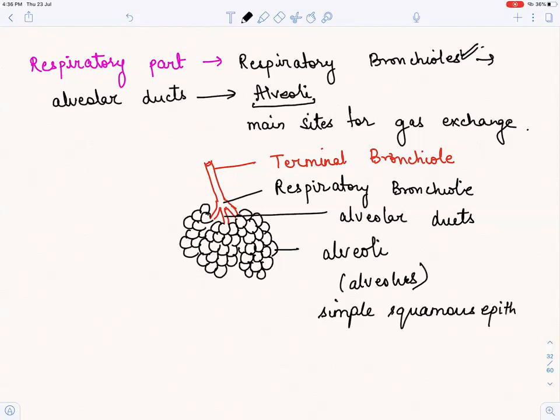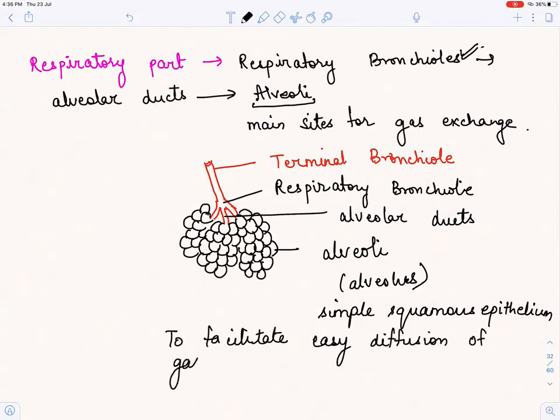Very easy logic. Why simple squamous epithelium? Because of easy diffusion of gases, since they are the main sites of gas exchange.